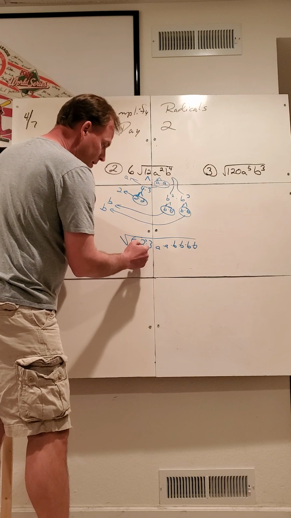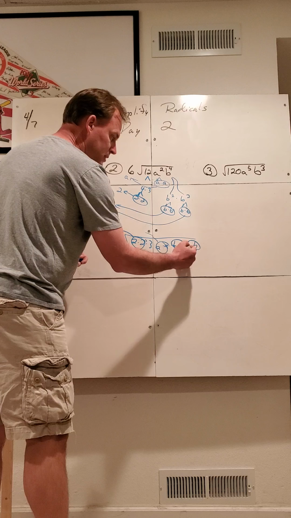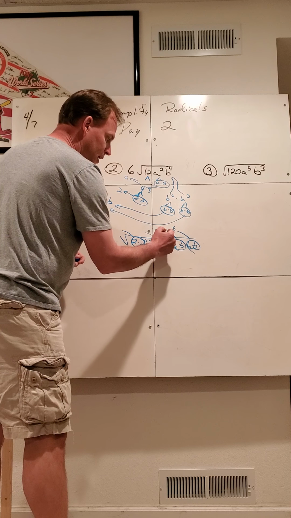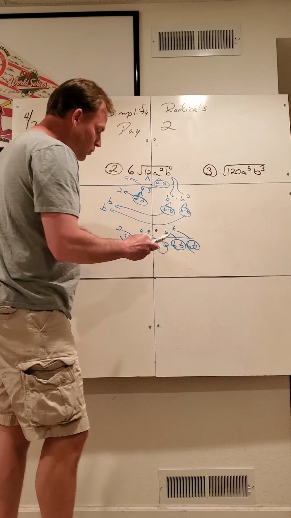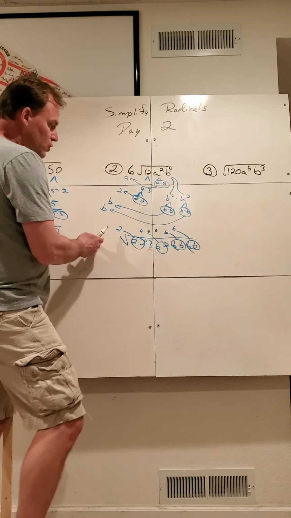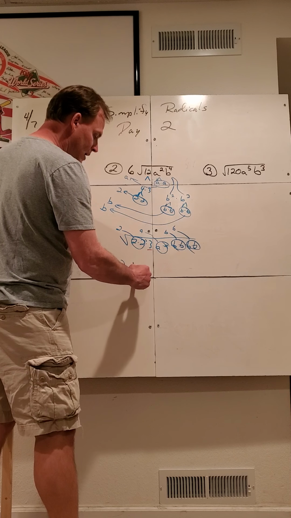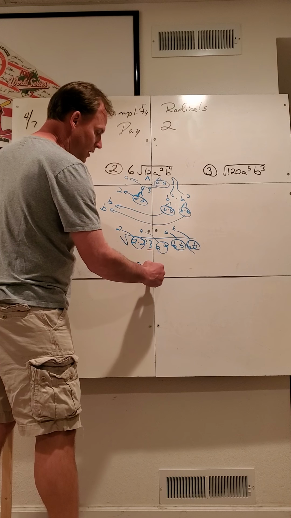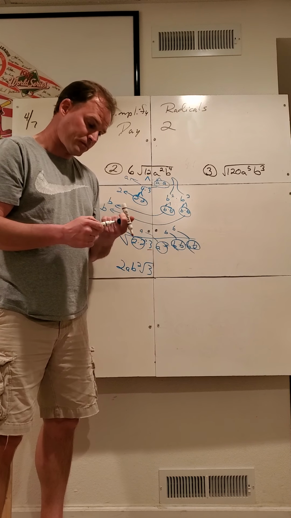I got 1 pair of 2's. I got a pair of A's, I got 2 pair of B's getting out of my radical. What's left in the radical? Well, the only thing left in the radical is that 3. So I got a 2, an A, and 2 B's. So that's 2AB squared, and the only thing left inside the radical is that 3.